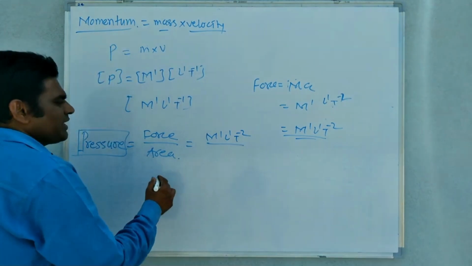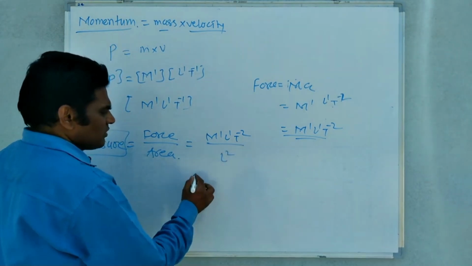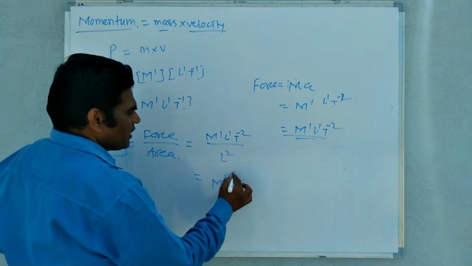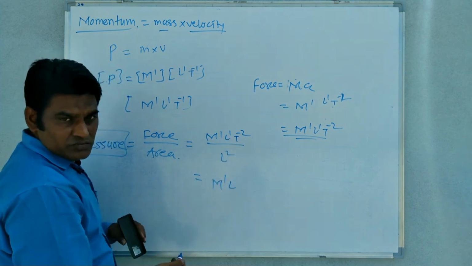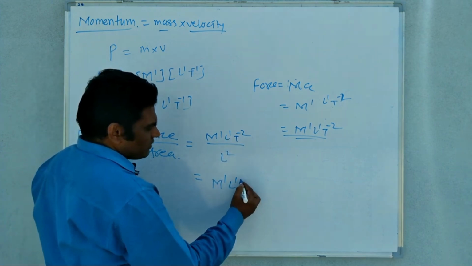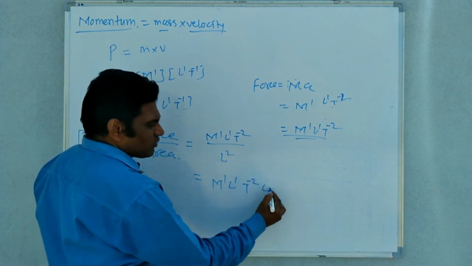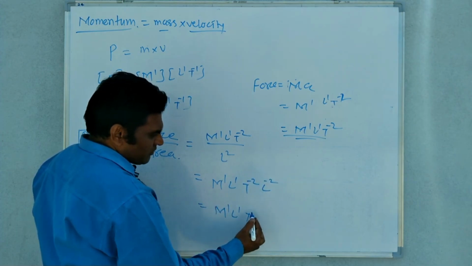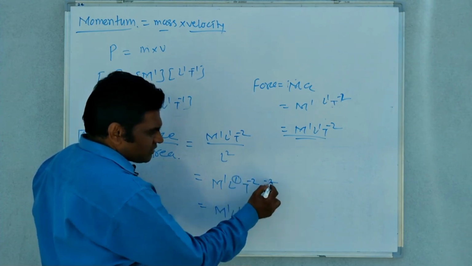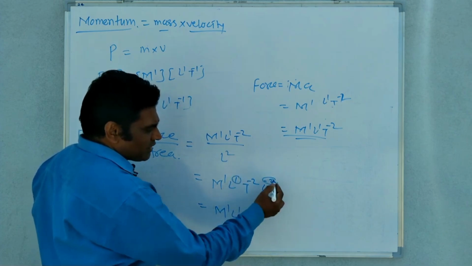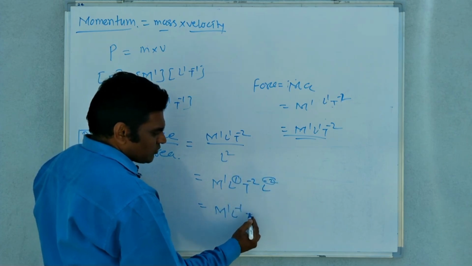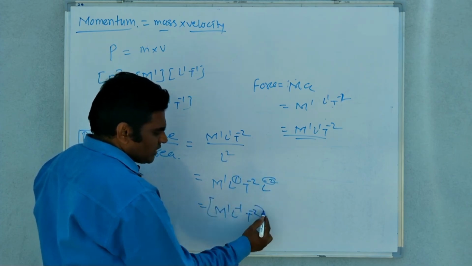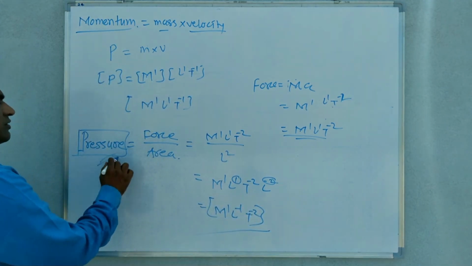Divided by area. Area means L squared. So ultimately M1 L to the power 1 minus 2, T to the power minus 2. Ultimately M1 L to the power minus 1 T to the power minus 2. Okay. So these are the dimensions of pressure.